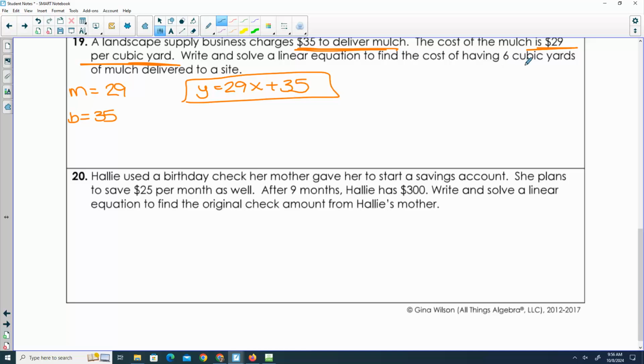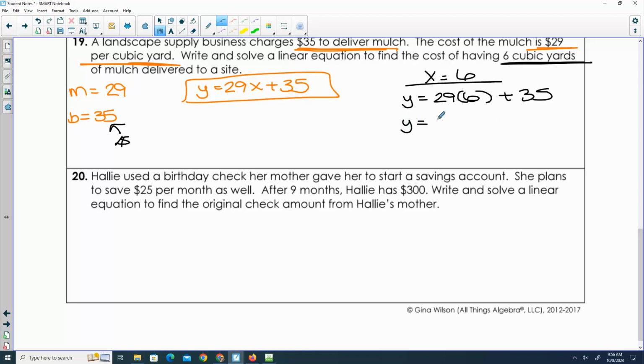Now I want the cost of 6 yards. So I told you when we're looking at these, a lot of times your y is your cost. Okay, if we look here at the y-intercept, that was my cost. That's dollars. I'm finding the cost, so I don't have my y. So 6 has to be my x. So we have to pay $29 for all 6 of those, plus the $35 to get it here.